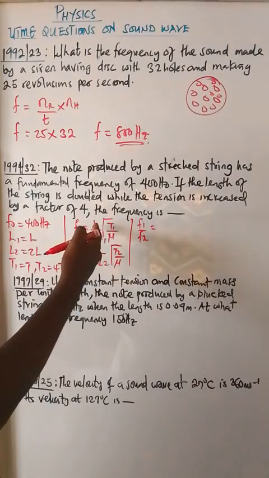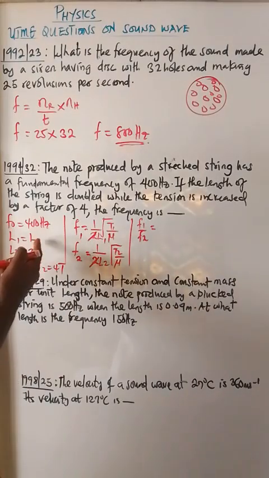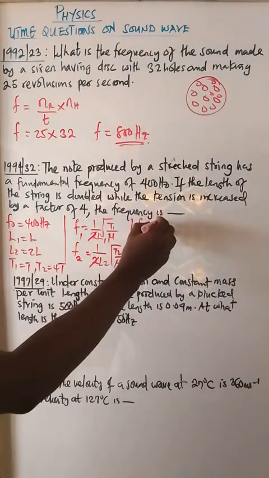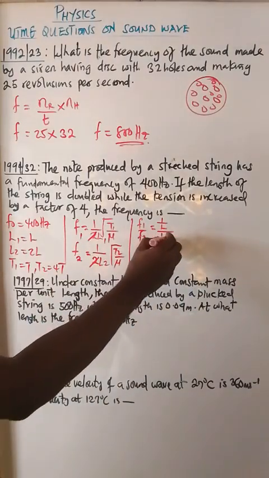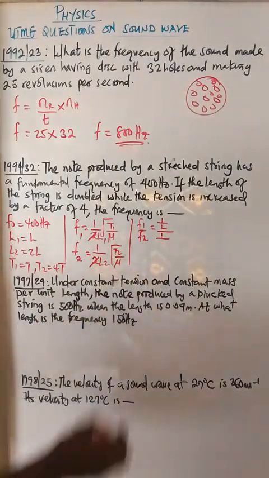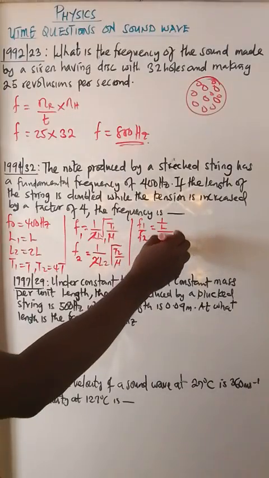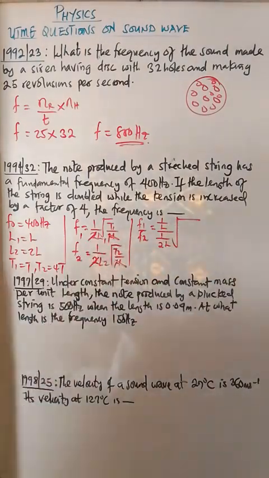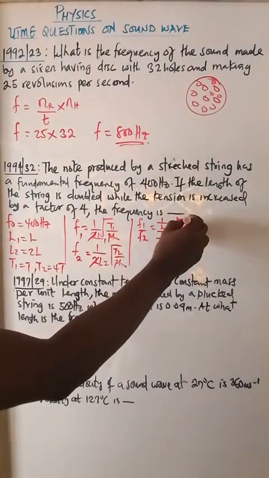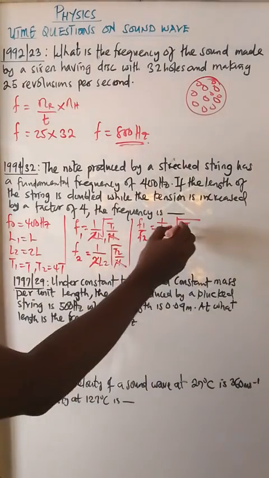Here L1 is L, so I have 1 over L up, and L2 is 2L. Then the square root of this and this, the mu's are equal and cancel out. T1 is T, T2 is 4T.